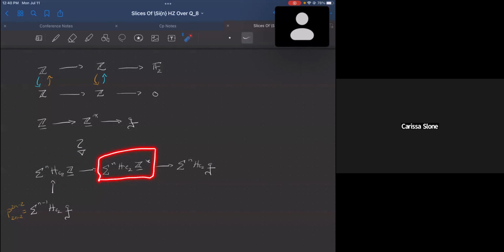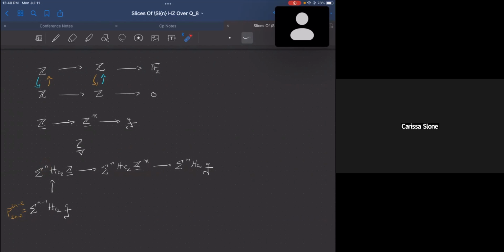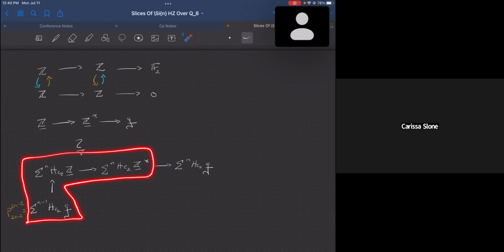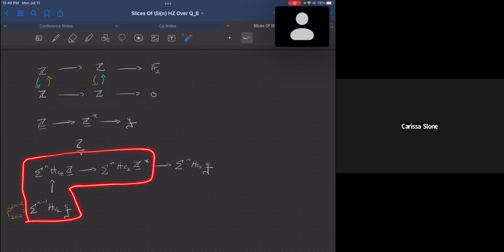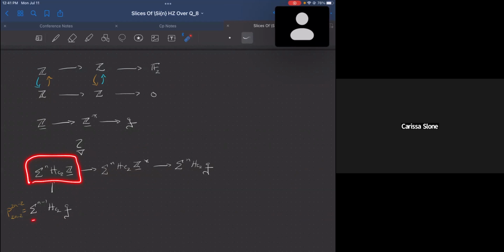And if not, we play the same game. So there's not necessarily a relation between, say, a 7 suspension and an 8 suspension. But this is the method that I would use to figure out the slices. A classic tool is starting with a short exact sequence of Mackey functors and then playing around with co-fiber sequences to see if you can sandwich the spectrum you're interested in between slices.